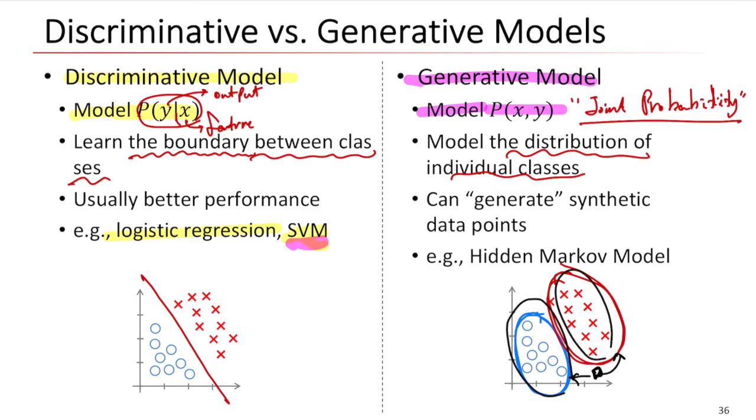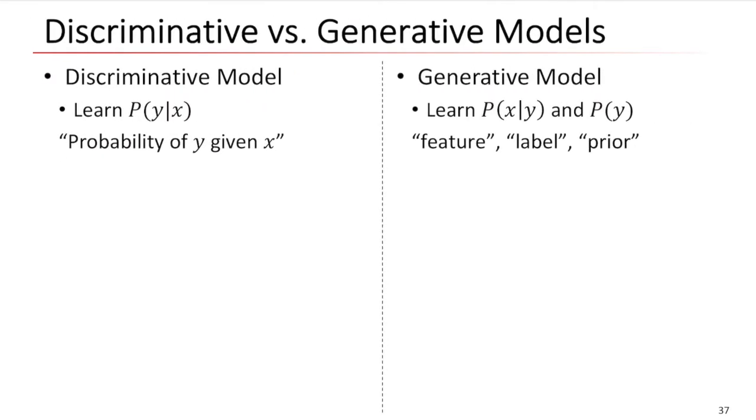Using these two kinds of generative models, we can determine the probability of whether this new sample is derived from this class or this class. So this is the generative model. Okay, so let's see the details.